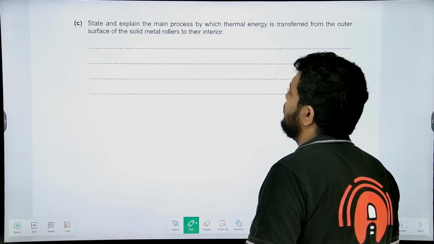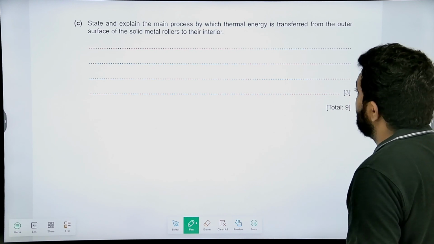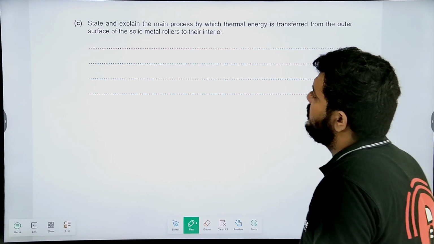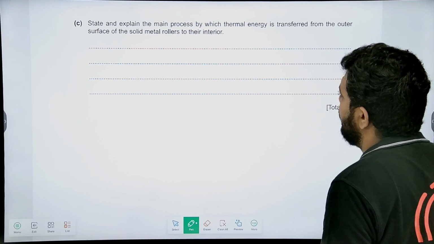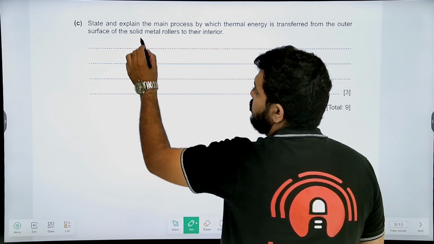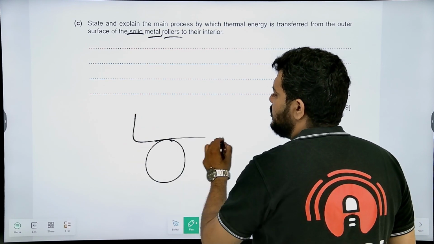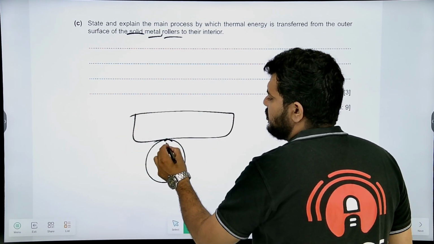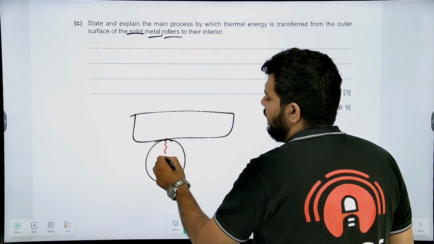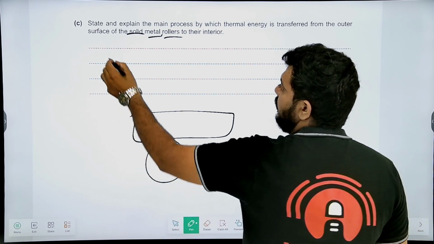Then we have: state and explain the main process by which thermal energy is transferred from the outer surface of the solid metal roller to the interior of the solid metal rollers. So these are the rollers. This is the block of aluminium. Heat is transferred from the exterior to the interior.